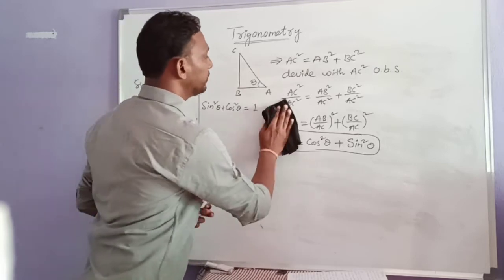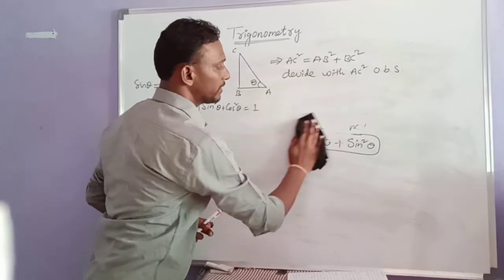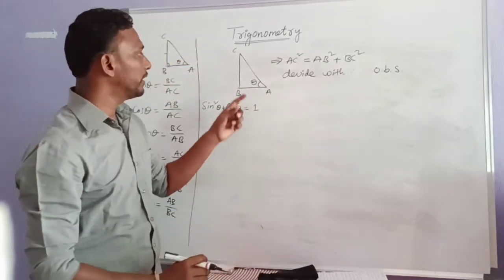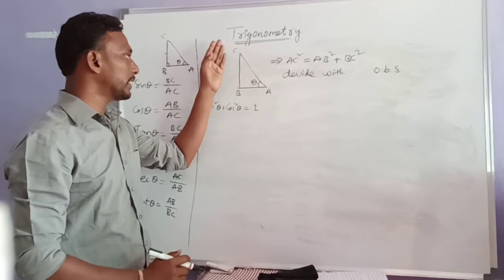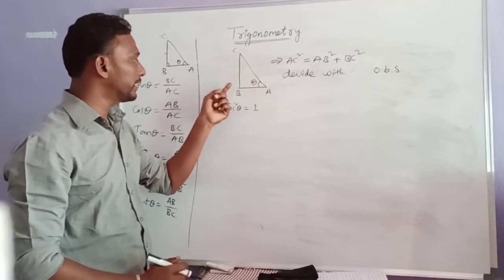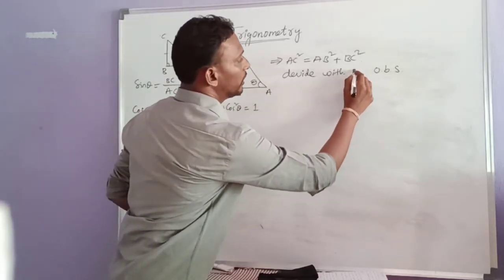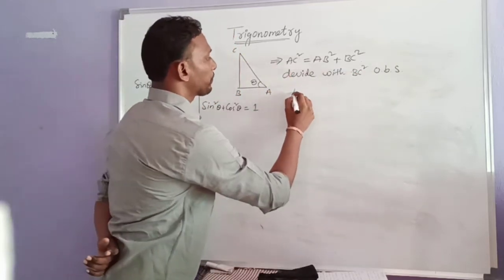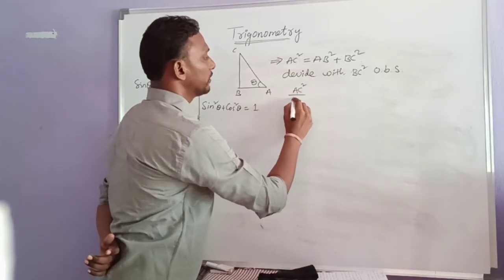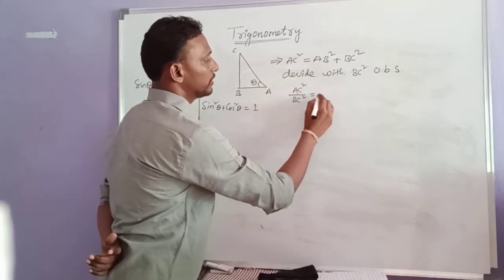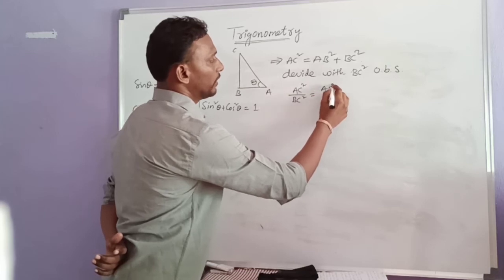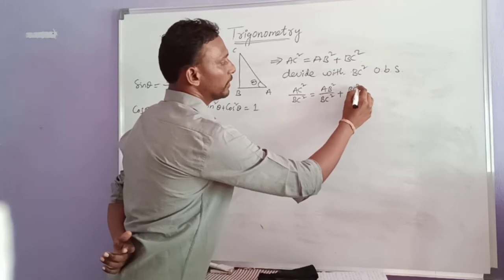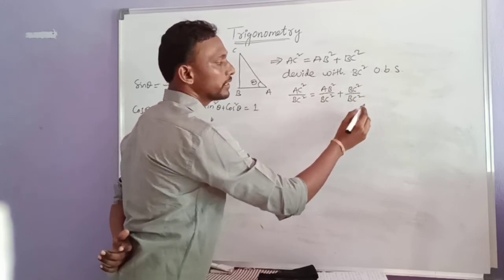Again from this Pythagoras theorem, now I am considering another side. Now I divide by BC square on both sides. So AC square by BC square is equal to AB square by BC square plus BC square by BC square.